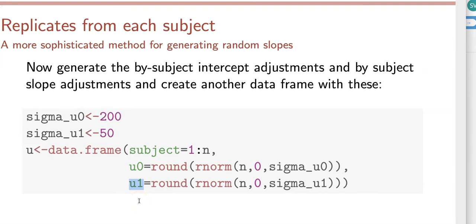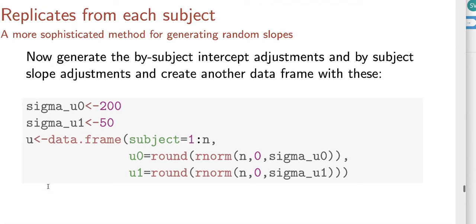Okay, so this U matrix is now going to contain the intercept and slope adjustments. Now, the reason I've created this U matrix is that I can look it up. When I want to know subject 1's intercept and slope adjustment, I just look up this U matrix, look at the first row which contains the first subject's data, and use the intercept and slope adjustment in my data generation function, for generating simulated data.